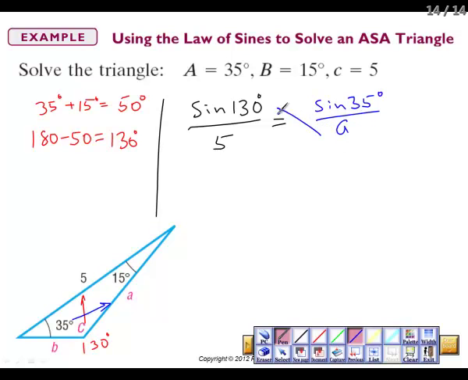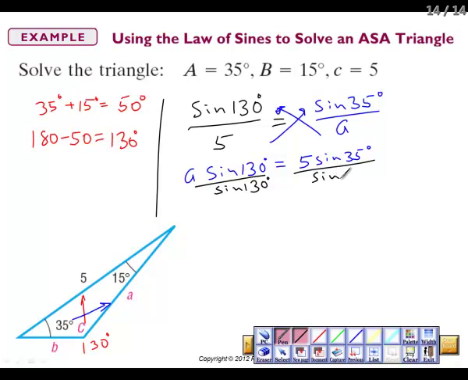Alright, and so now we do our cross multiplying, and we get A sine 130 degrees equals 5 sine 35 degrees, and then we are going to divide both sides by sine of 130 degrees.